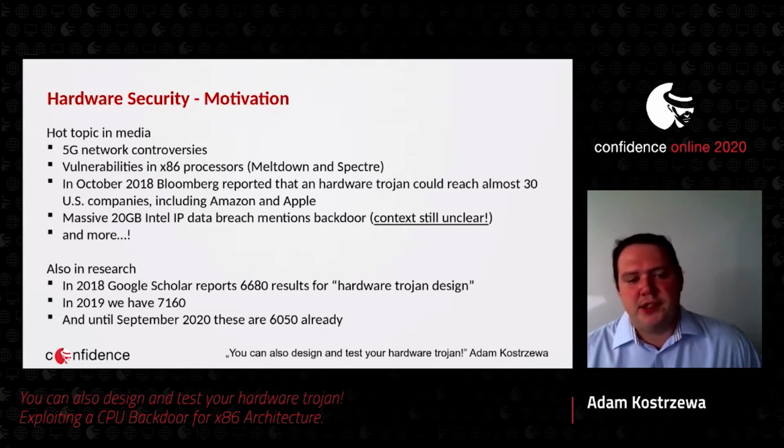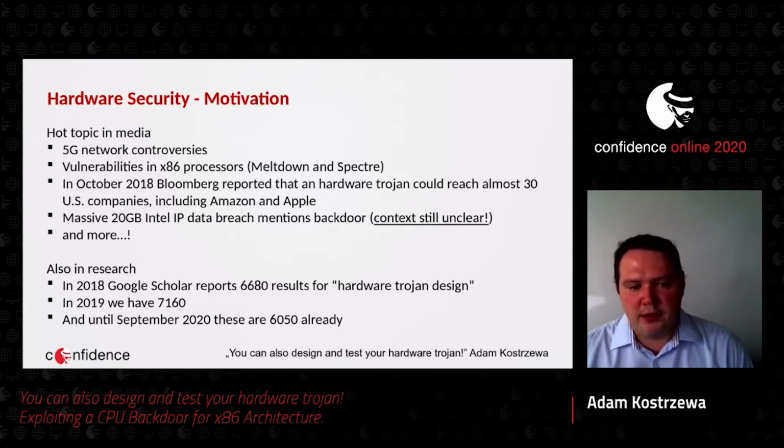Also in research, in 2018, if you look on Google Scholar for hardware Trojan design, you will get 6,680 results, and this includes patents. In 2019, we have 7,160, and until September, so until yesterday, we have 6,050 already. So I think the trend is clear.